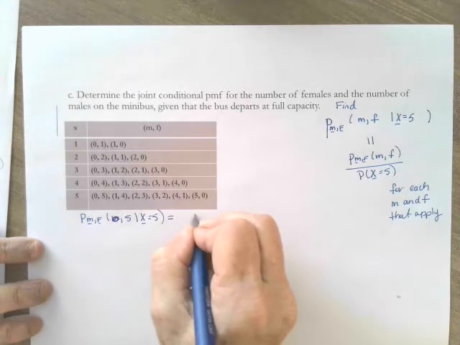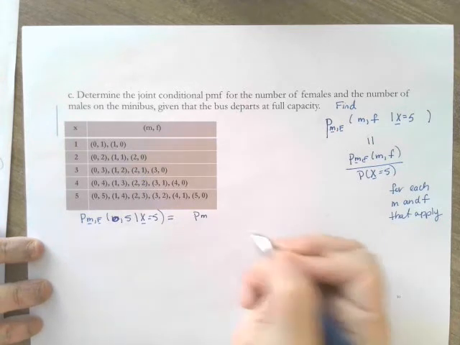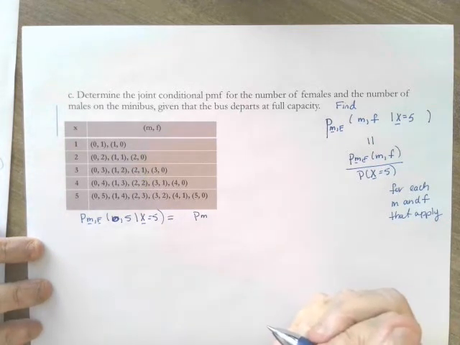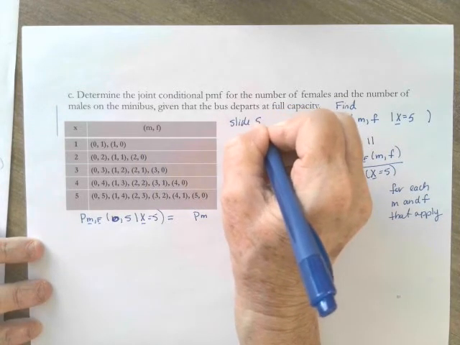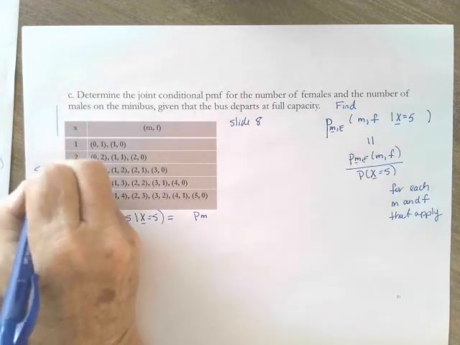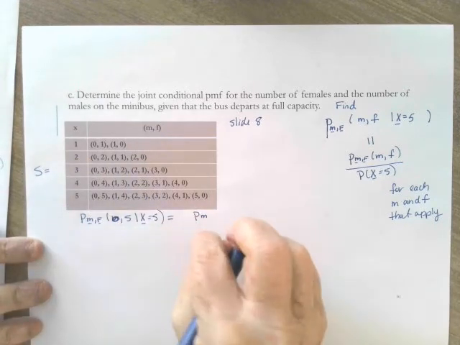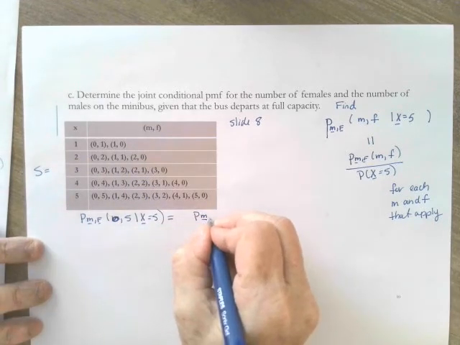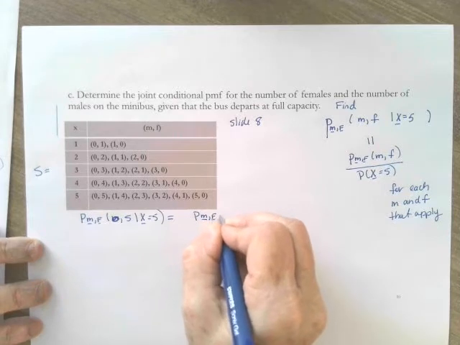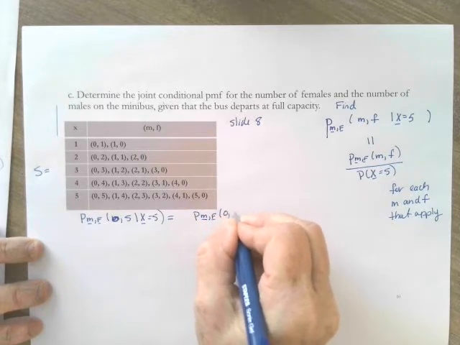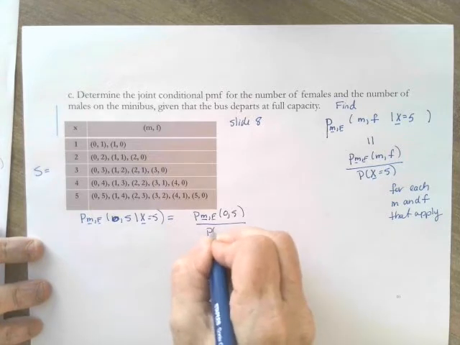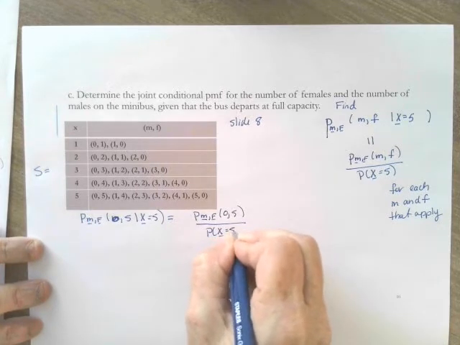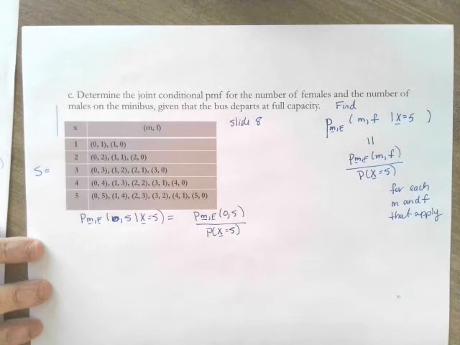So that means I'm going to take this value from slide 8, so make sure you've got slide 8 out here. Remember, this is my sample space over here. So from slide 8, we'll have P_MF of 0, 5, and then we'll divide by the probability that x is equal to 5, which we already determined is going to be 1/5.